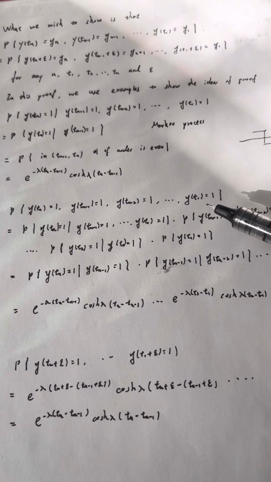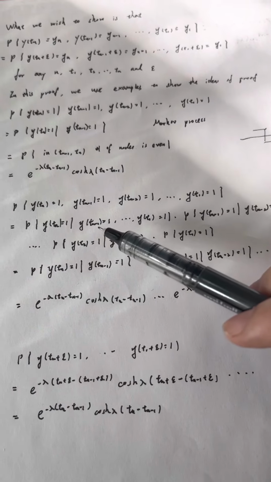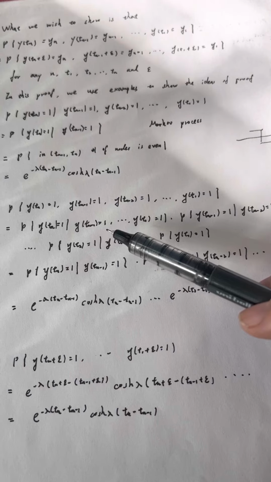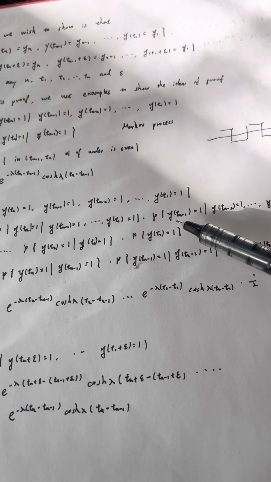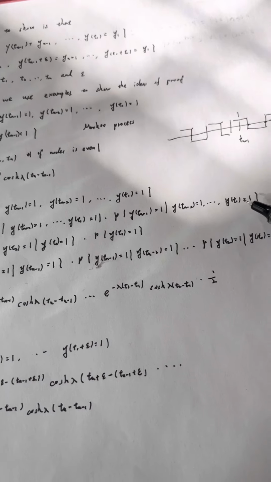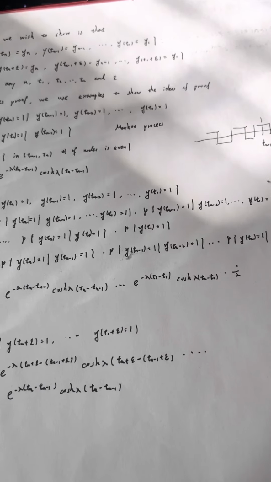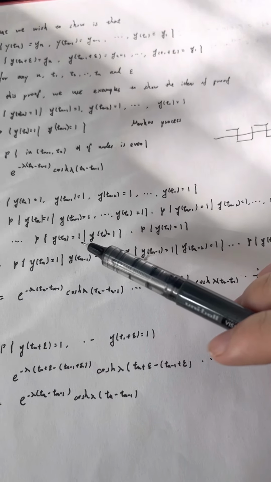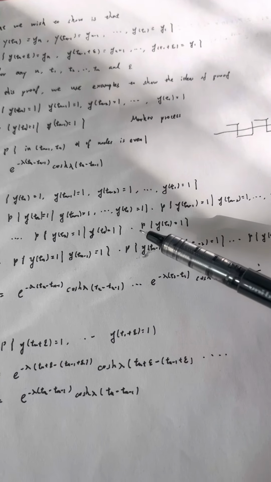We use the chain rule of conditional probability, so this equals the probability of Y(t_n) = 1 given Y(t_{n-1}) = 1 up to Y(t_1) = 1, times the probability of Y(t_{n-1}) = 1 given Y(t_{n-2}) = 1 up to Y(t_1) = 1. This continues until the probability of Y(t_2) = 1 given Y(t_1) = 1, and at last times the probability of Y(t_1) = 1.